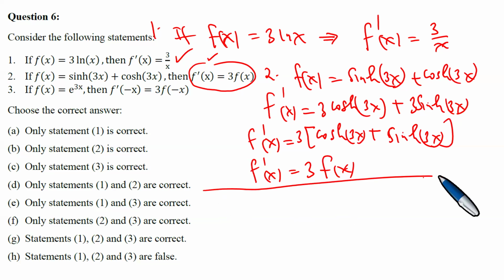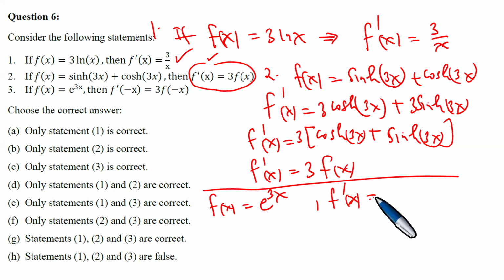Let us look at the other part. Right, so in the other part, we have f of x equals e to the power 3x. Is it therefore true that you can be in a position to deal with the actual derivative? Let us check this. What is the derivative of minus x? First things first, we can find the derivative, and the derivative is actually 3e to the power 3x, because you find the derivative of the 3x by the chain rule, and it becomes 3, and you multiply by e to the power 3x.